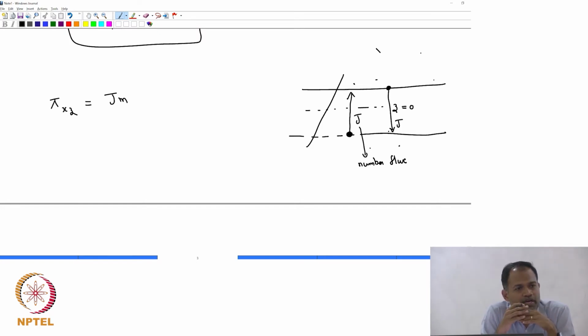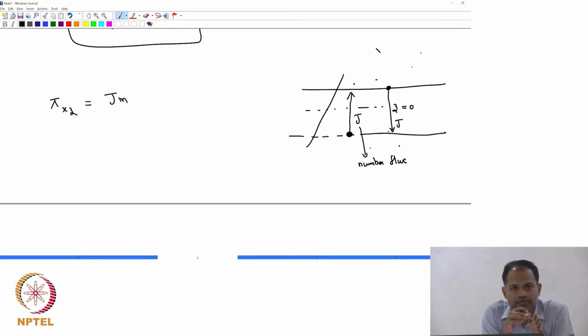why do they do that? The picture is that the molecules are hitting each other, they undergo collisions, and then they move in a random fashion, right. So, if I look at the z equal to 0 plane, the molecules that are going to cross it would have undergone some collision before crossing.